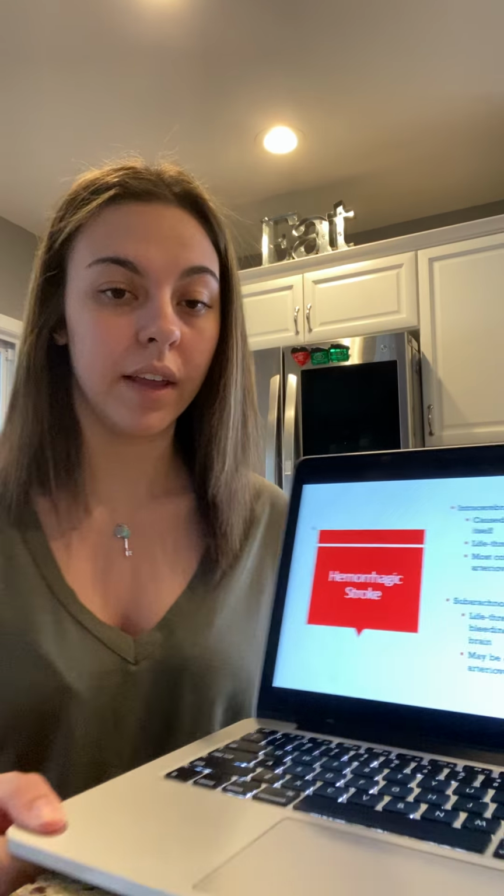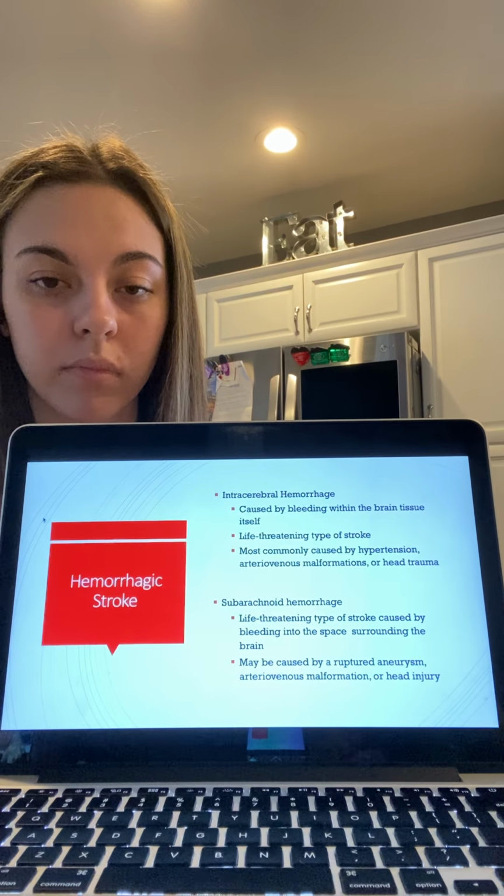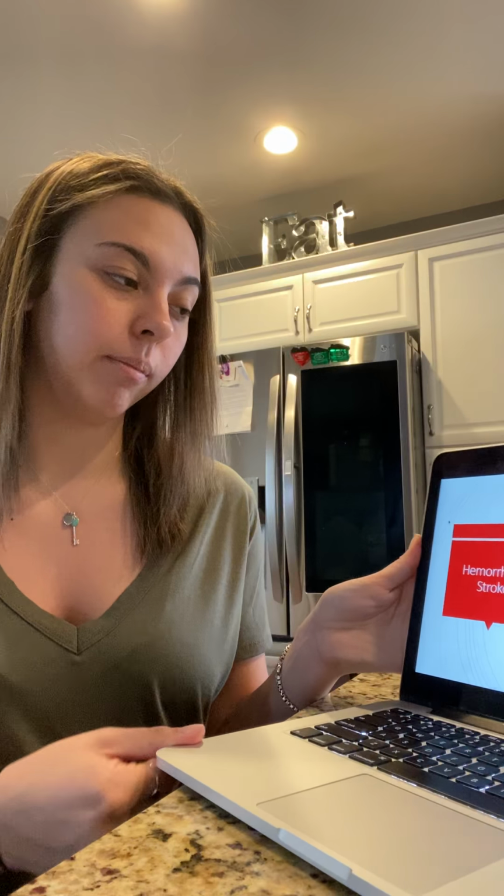And then the second classification is the hemorrhagic stroke. And then under these two, there's an intracerebral hemorrhage. So this is caused by bleeding within the brain tissue itself. This is a life-threatening type of stroke, and it's most commonly caused by hypertension, arteriovenous malformations, or a head trauma.